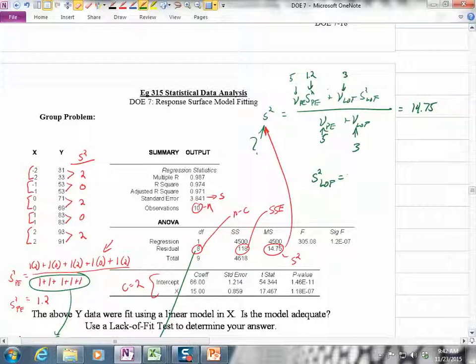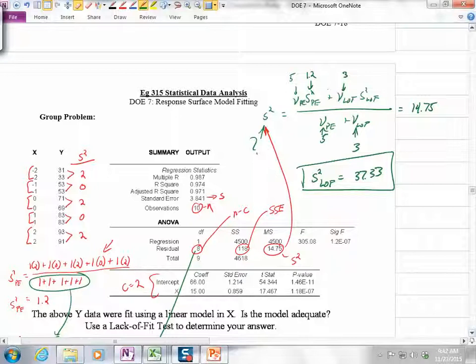And we get a lack of fit variance of 37.33. That's pretty big compared to that.